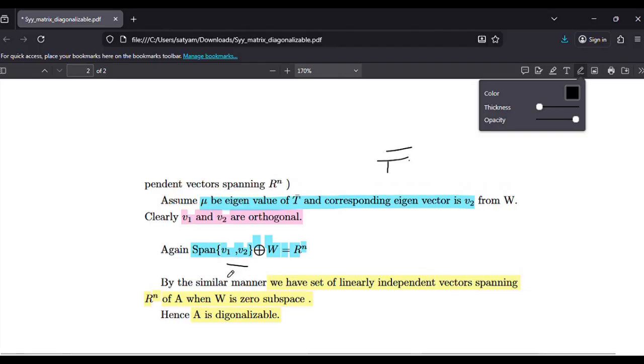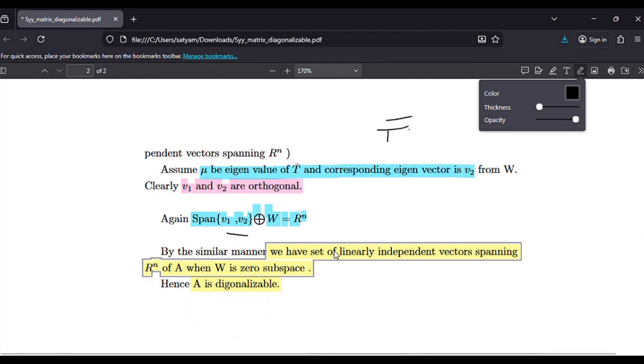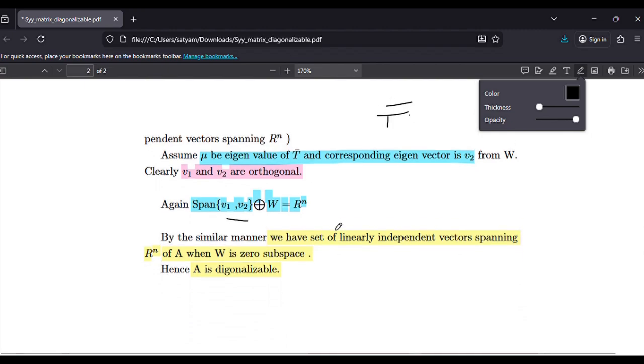For any subspace, we have assumed this is a subspace because it is a spanning set, and there will exist another subspace such that their direct sum will be Rn by the existence and direct sum theorem.